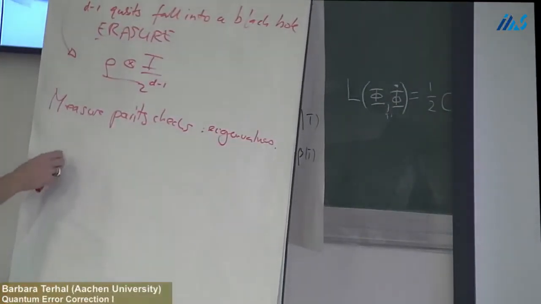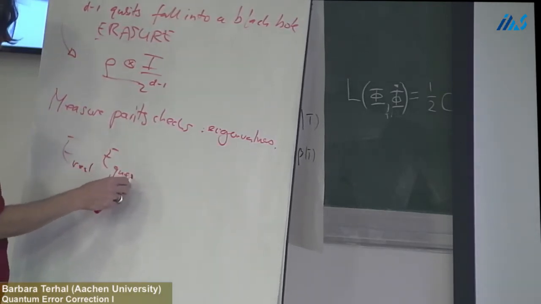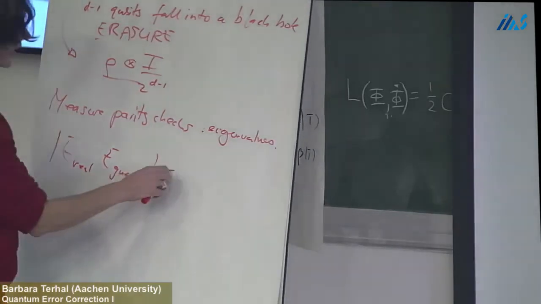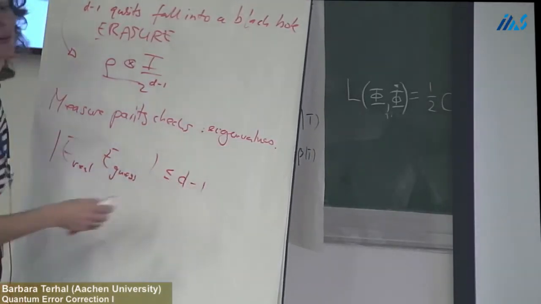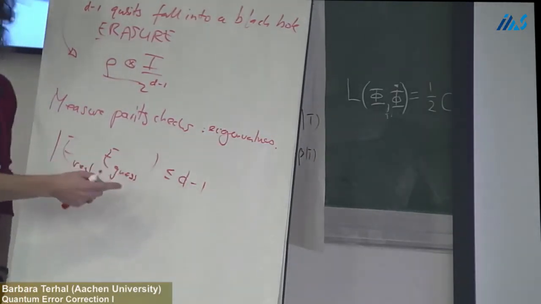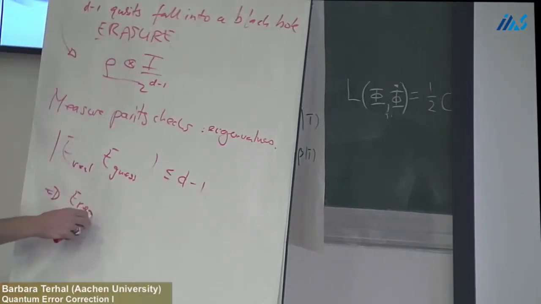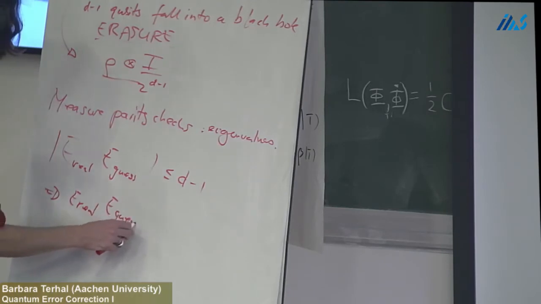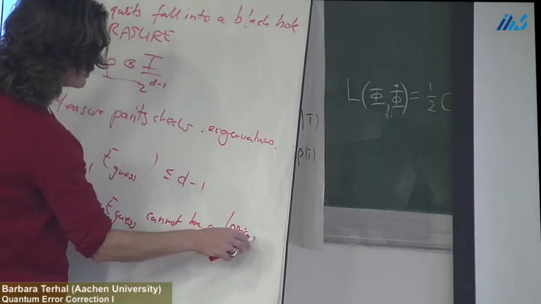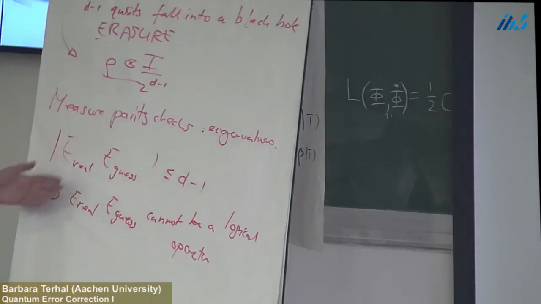So it's also clear that E real times E guess, because they act on the same d minus 1 qubits, has weight less than or equal to d minus 1. And therefore, that thing cannot be a logical operator. Therefore, E real times E guess cannot be a logical operator, and therefore it must be trivial, and therefore I correct my error.